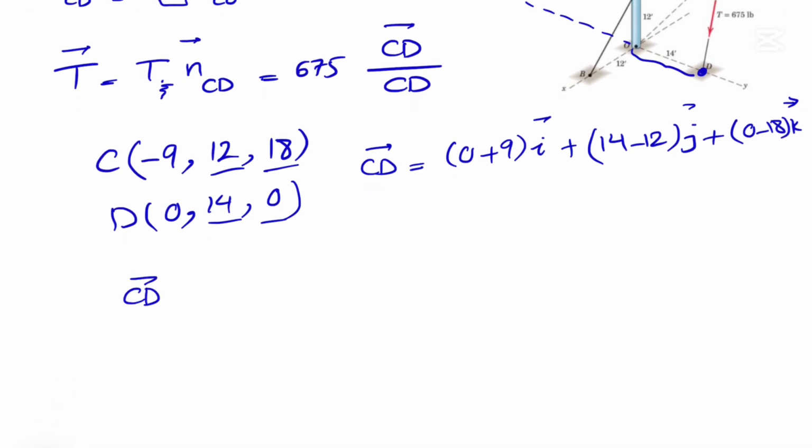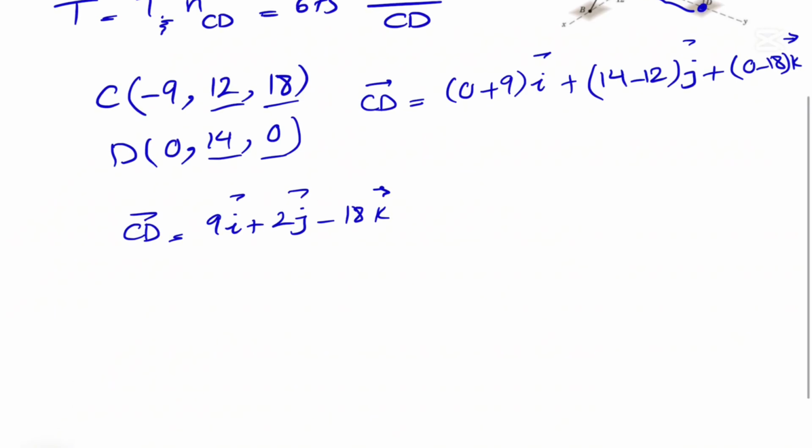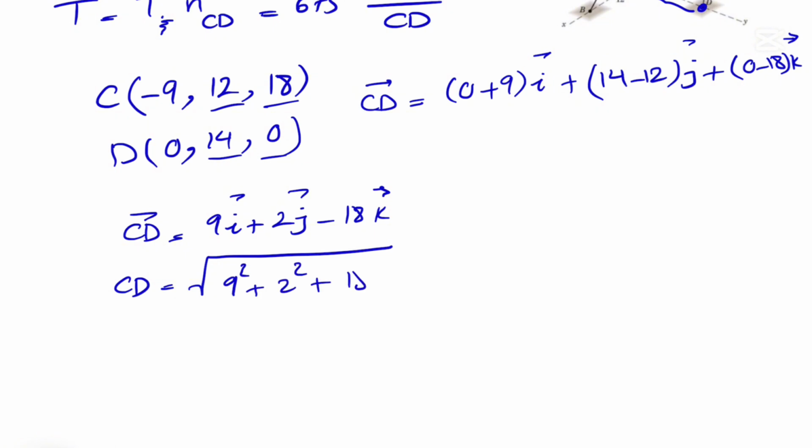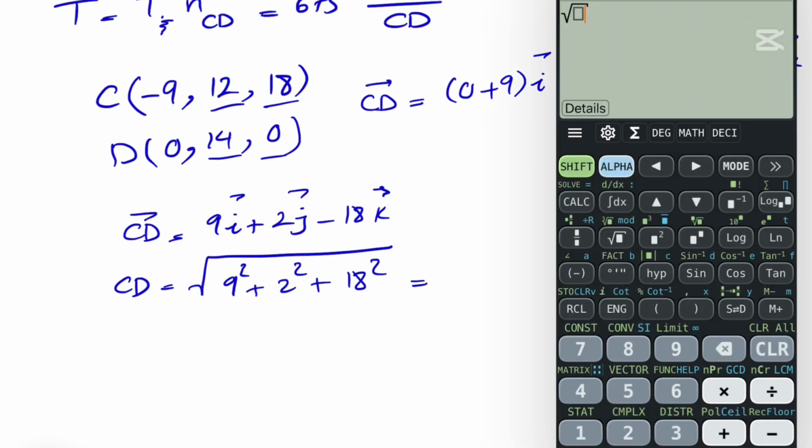So our CD would be 9i plus 2j minus 18k. And if we want to find the magnitude of CD, we have the square root of x squared plus y squared plus z component squared. So let's calculate this. Square root of 9 squared plus 2 squared plus 18 squared.